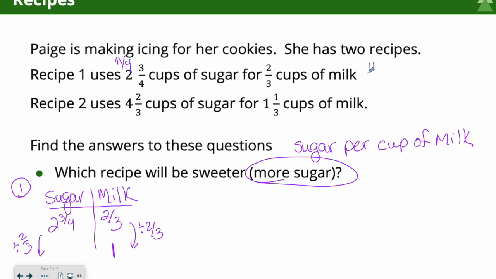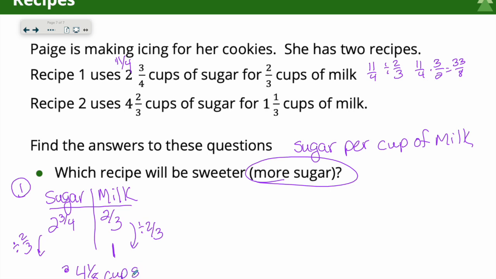We're going to do 11/4 divided by 2/3, or 11/4 times 3/2 gives us 33/8. So 33/8 is 4 1/8 cups of sugar per cup of milk.